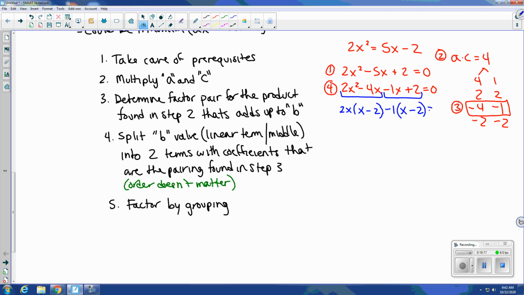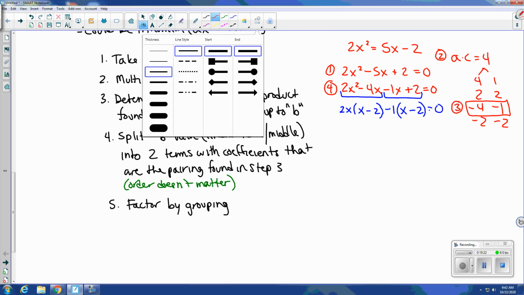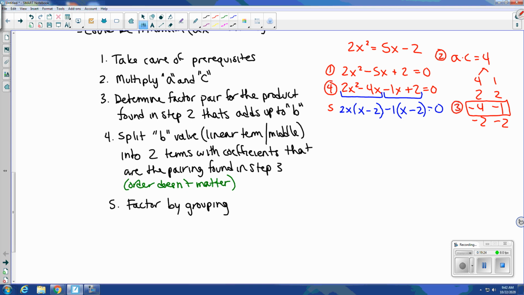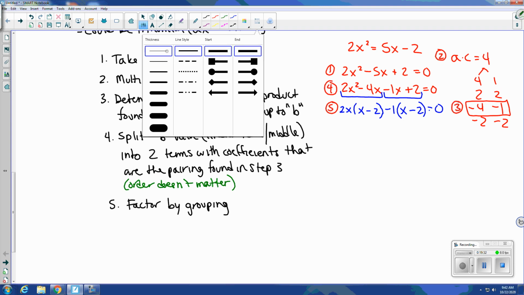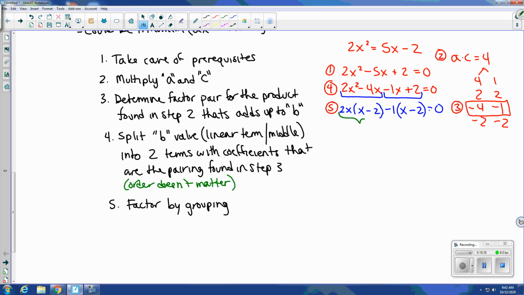The reason that's important, so this is step 5 here that we just completed, is now there's technically 2 terms here in a larger sense. I have this whole thing and this whole thing. Both of those things have an x minus 2. So I can take out an x minus 2, and what's left over after I remove the x minus 2 from those 2 terms is what was in front of both of those 2 terms, which is 2x minus 1.